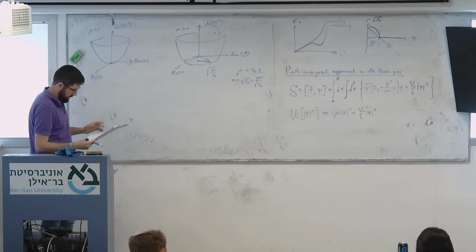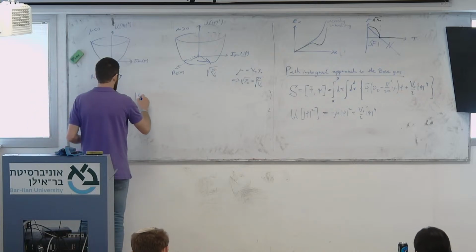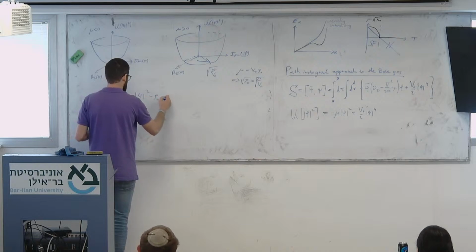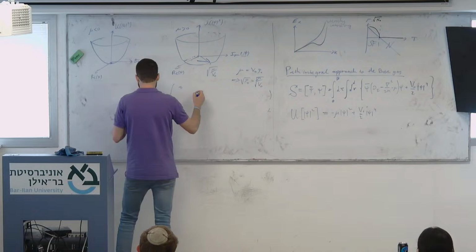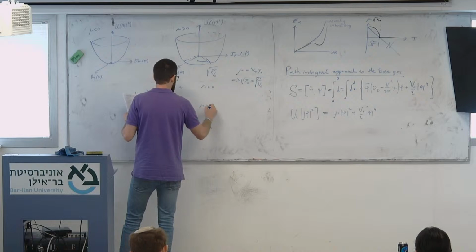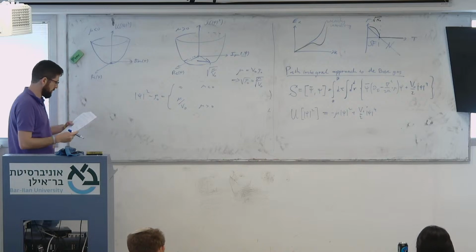So first of all, we get the same thing. I can summarize it here. Psi squared, which is like our rho naught, is 0 if mu is smaller than 0, and mu over v naught when mu is greater than 0.